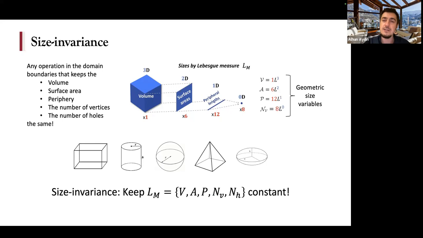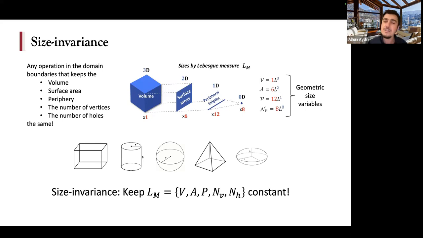Now a question comes. Can we change the shape of an object without changing any of the size variables? Let's break down the question into a simple one. For example, we can take this sphere and also the cylinder. We can precisely make them have the same volume, right? We can equate the volume expressions and find the correct parameters so that they give the same volume.